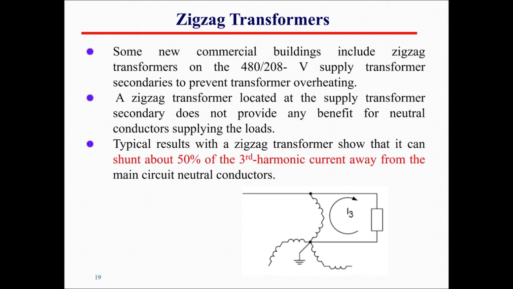A zigzag transformer located at the supply transformer secondary does not provide any benefit for neutral current supplying the load. Typical results with a zigzag transformer show that it can shunt around 50% of the third harmonic.